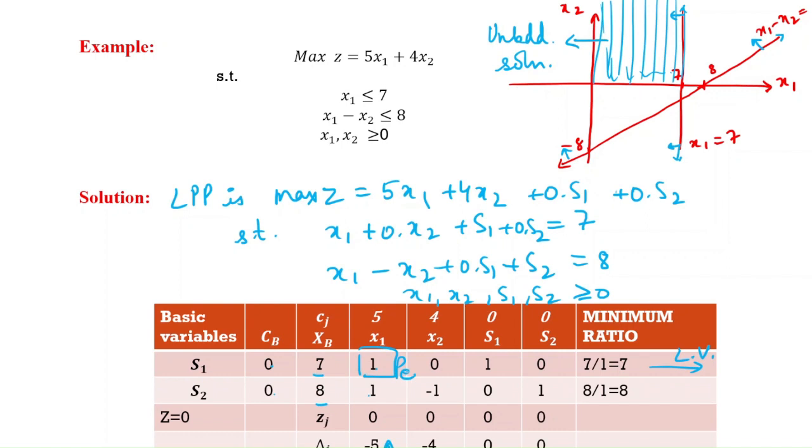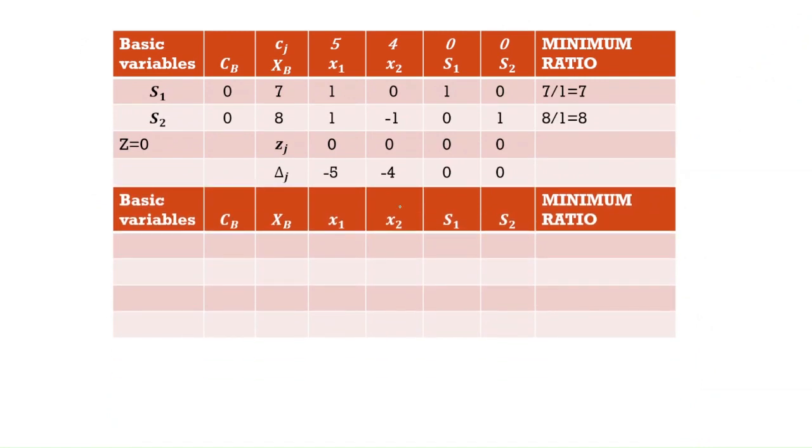So in the next table that we'll be creating, s1 would be leaving the basis and x1 will be entering the basis. So that's the same: this is entering, this is leaving, and this is the pivot element. As it is already 1, we don't have to do anything here.